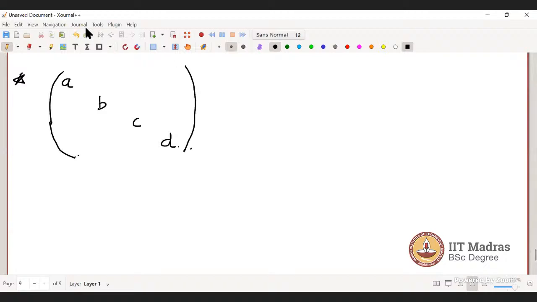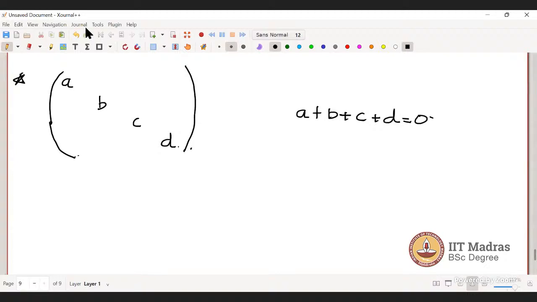Sir, can we write it as A, B, and minus A, minus B, or do we have to write A, B, C, and D equal to minus A minus B minus C? So you have this relation, right?